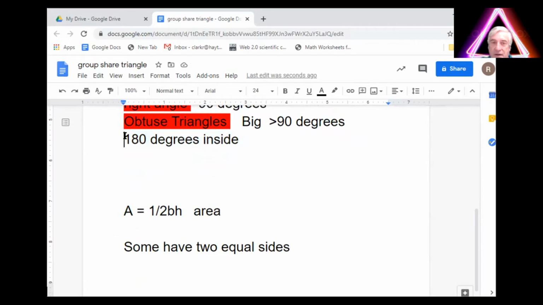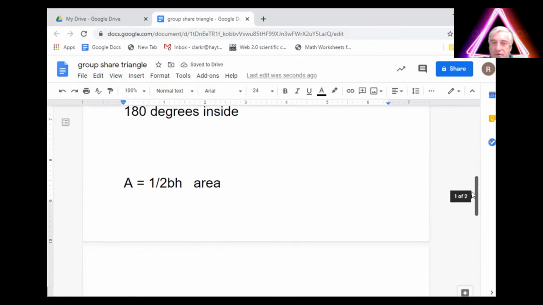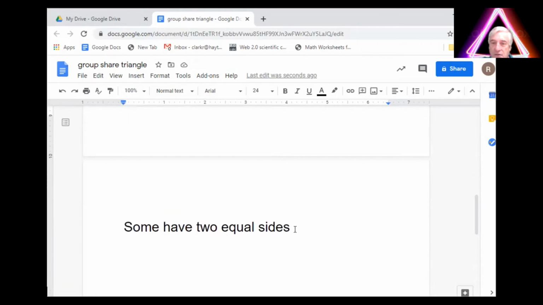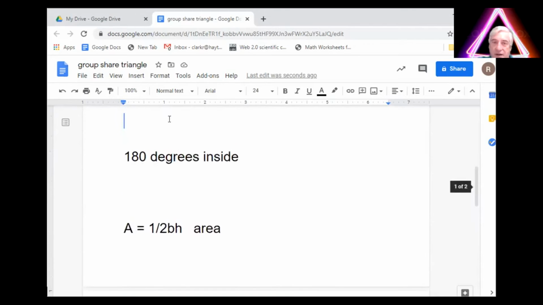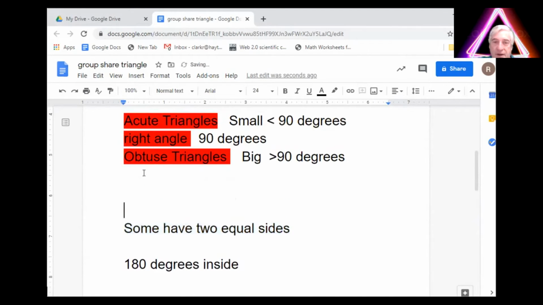So now we've talked about the angles. Let's bring that one up here. 2 equal sides. We've already talked about a triangle that had 3 equal sides. So let me bring it down and put it down here. This is equilateral.